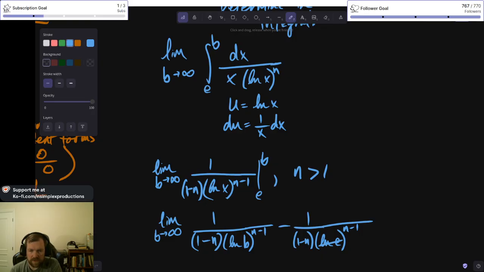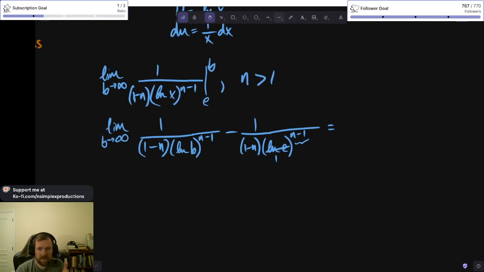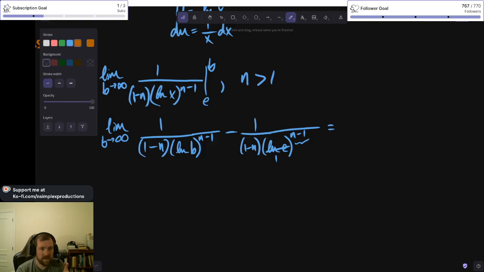Natural log of e is just going to be 1 raised to any power. It doesn't matter. It's still just going to be 1. And then we get the negative 1 over 1 minus n. Natural log of b as b goes to infinity is going to go itself to infinity.